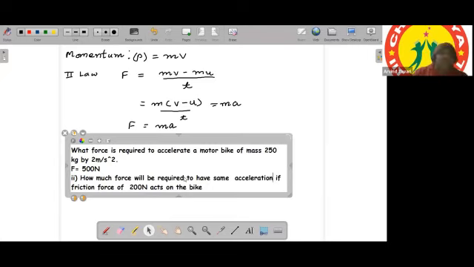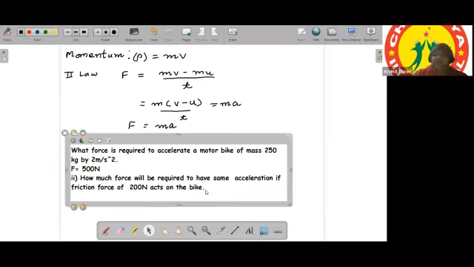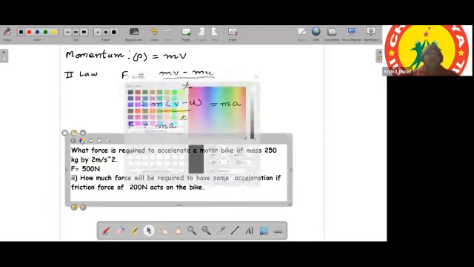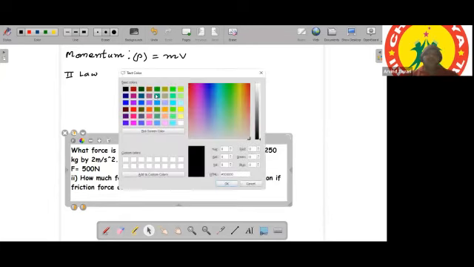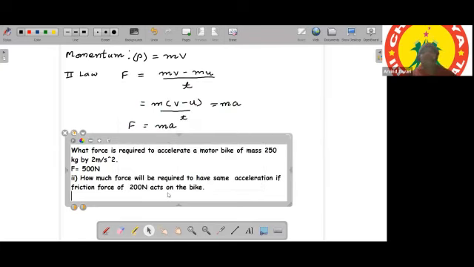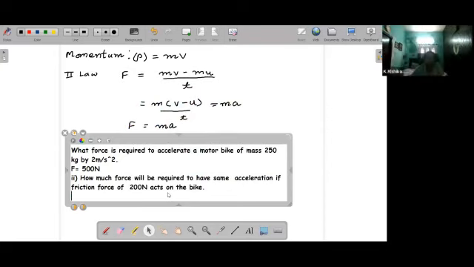To accelerate the mass again with the same acceleration of 2 meter per second square, the net force on the bike should be equal to 500 Newton. If the net force is equal to 500 Newton, then only you can say that the acceleration will be 2 meter per second square. Right, Rishika?